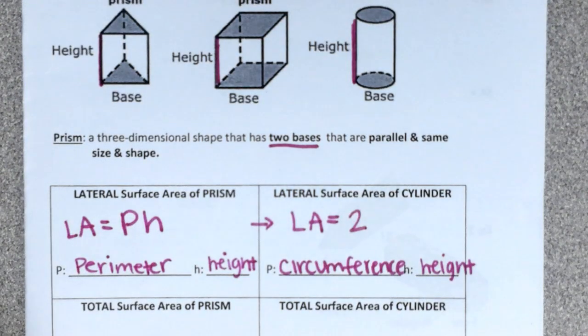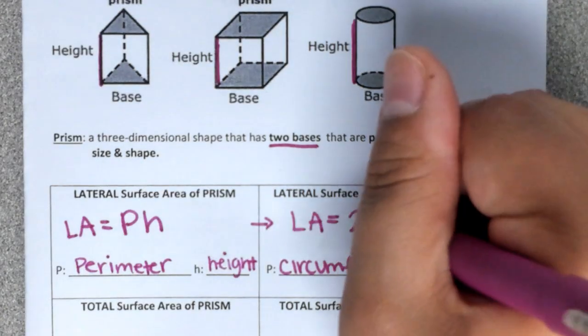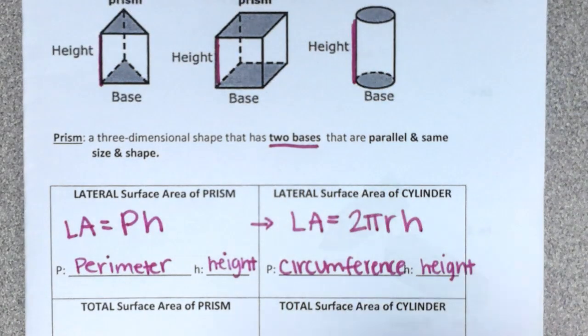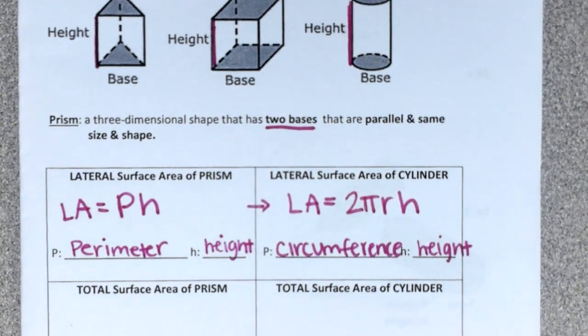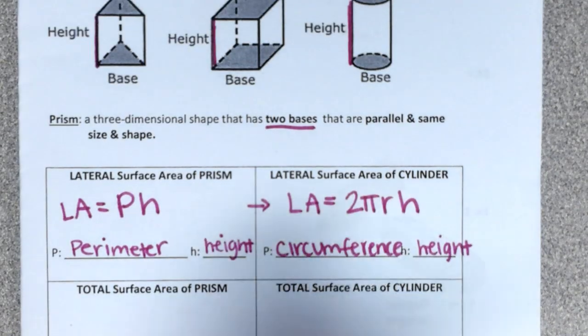I hear y'all saying it. 2 pi r. So this is going to be 2 pi RH. Instead of just putting PH for cylinder, we can put 2 pi RH. Does that make sense? Because the perimeter of a circle is that. That is lateral surface area.